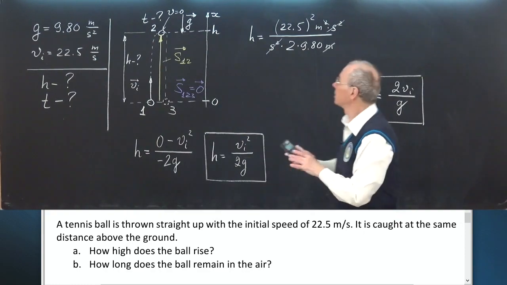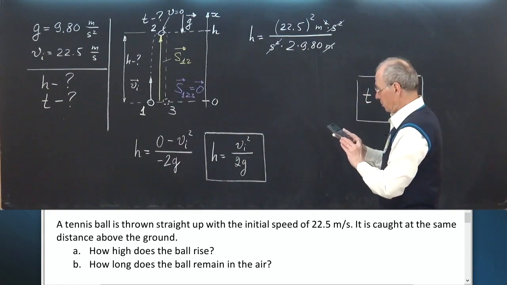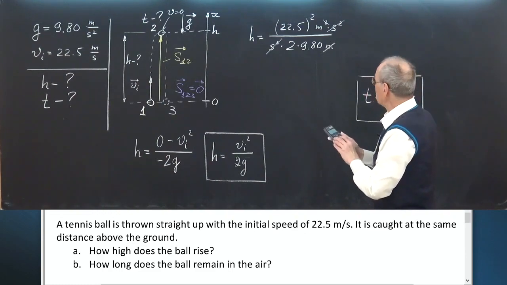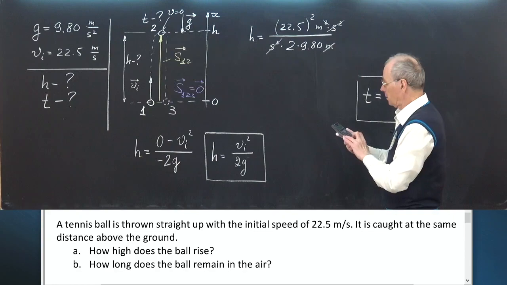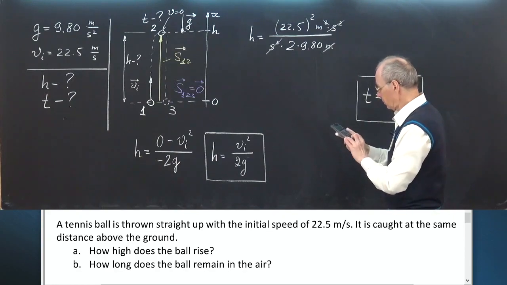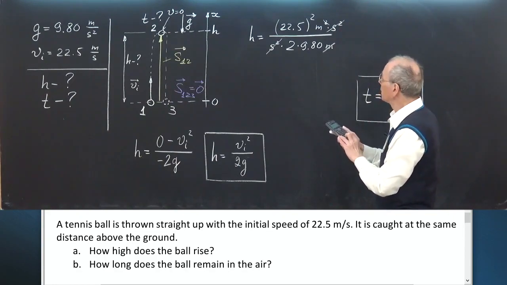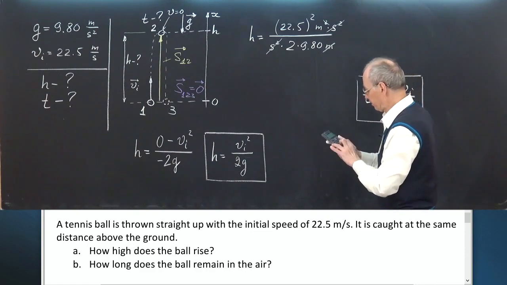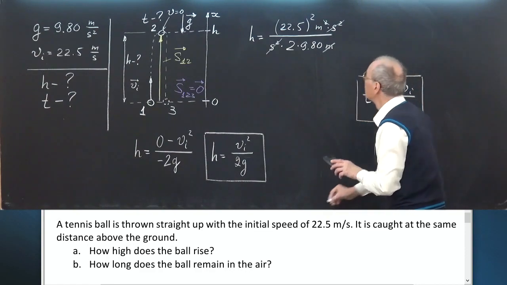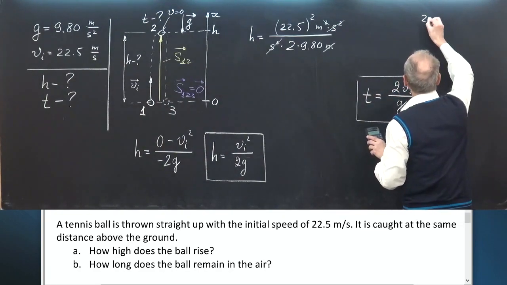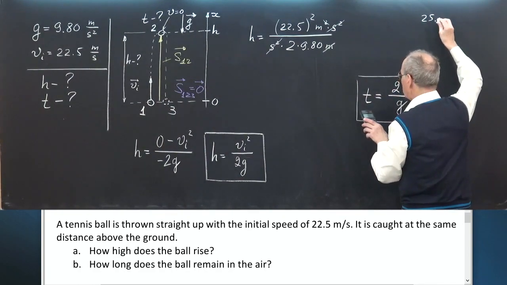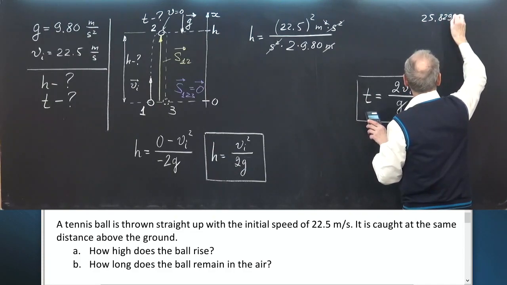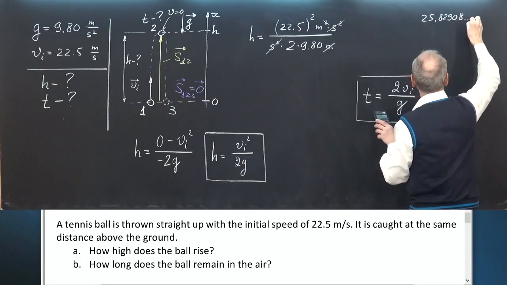Let's calculate 22.5 squared divided by 2 divided by 9.8 gives 25.82908 and so on.